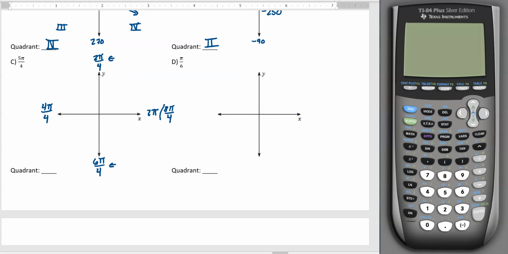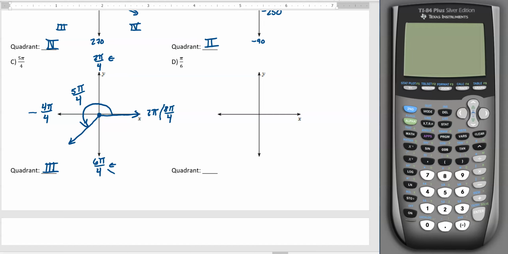This is 2 pi over 4, pi over 2, up here. So if I want 5 pi over 4, that's going to be right in between 4 pi over 4 and 6 pi over 4. So that means I'm going to have my terminal side coming out from right there. My initial side there, 5 pi over 4, positive rotation, like so. And then we would say 5 pi over 4. And that ends in the third quadrant.